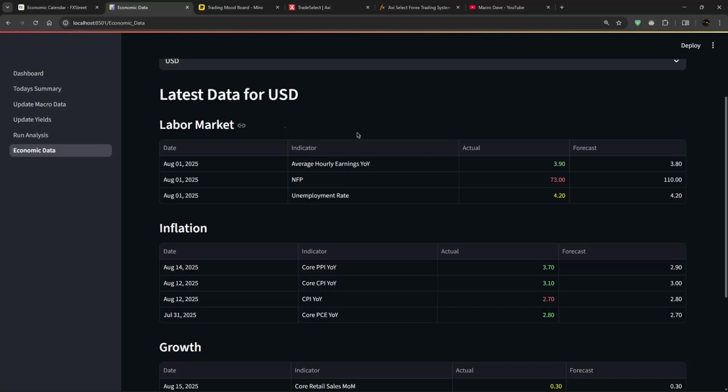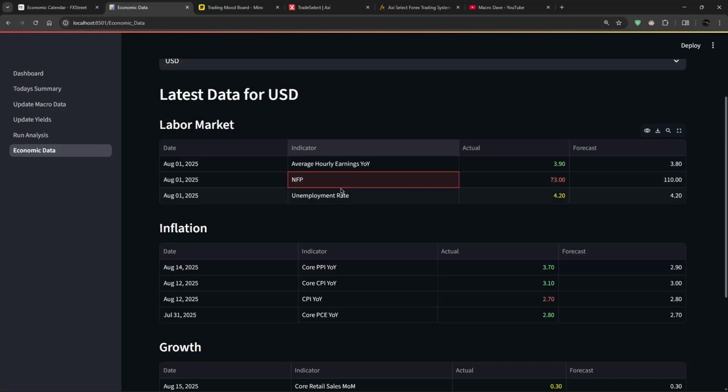So as mentioned, every single one of these indicators, I've backtested them to see if they have any sort of predictability. So when NFP beat expectations, for example, does it lead to better than average price action in the US dollar over the coming days and weeks? And it shows me that NFP is a good indicator to use to trade macro.